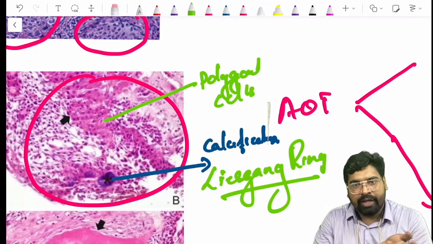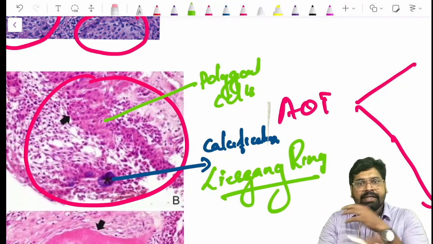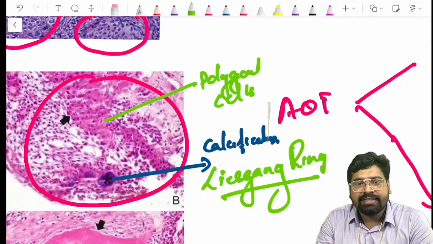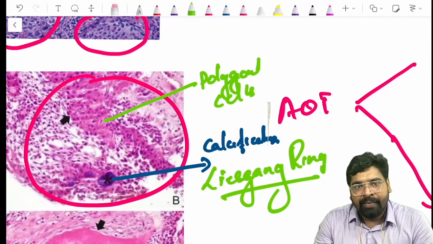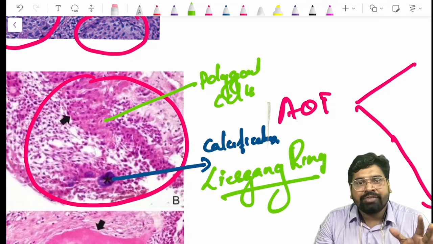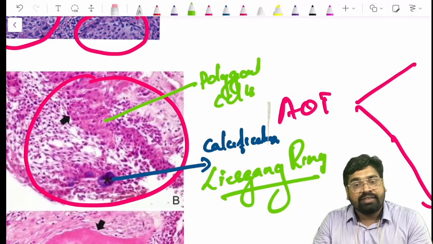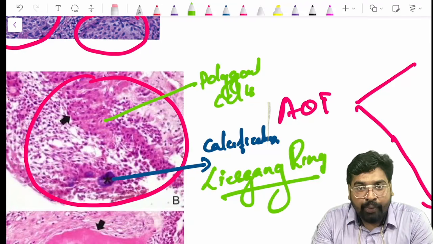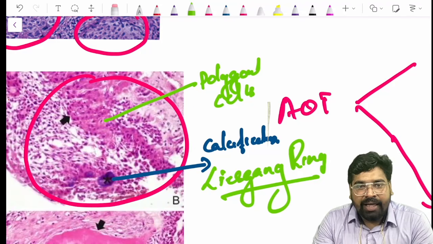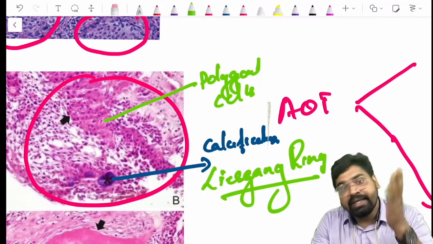Why in AOT? You may have learned that Liesegang rings are seen in CEOT. In your UG, what you have studied is that Liesegang rings are seen in CEOT, but there is one important thing. In AOT, you can see certain areas which look like CEOT.